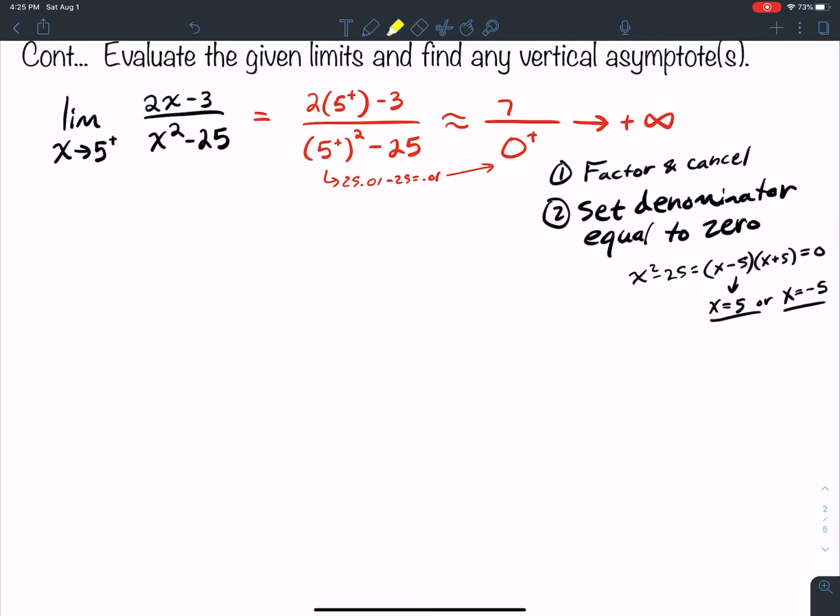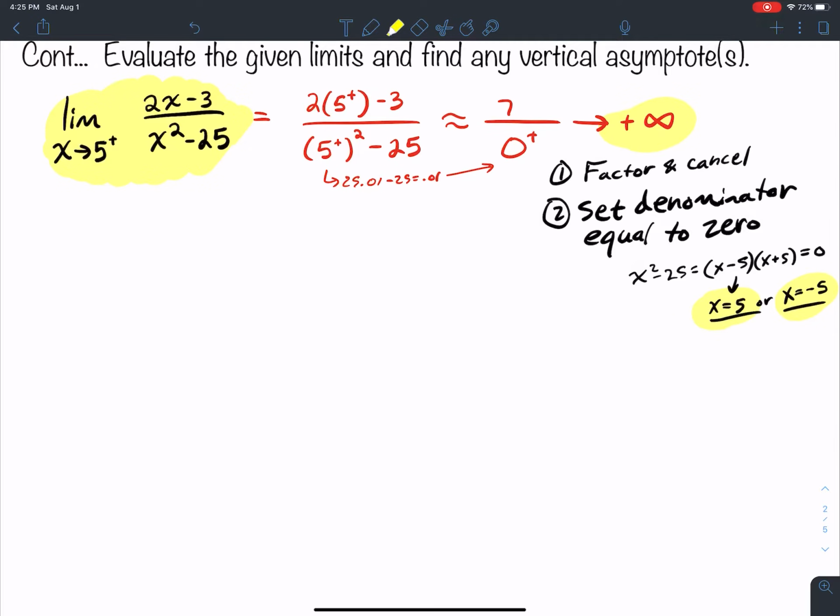Now, in the numerator, I don't see any factors of x minus 5 or x plus 5, so nothing cancels. So both of these are vertical asymptotes. And you could verify this. We've already verified it here by taking a right-handed limit, and we got positive infinity.